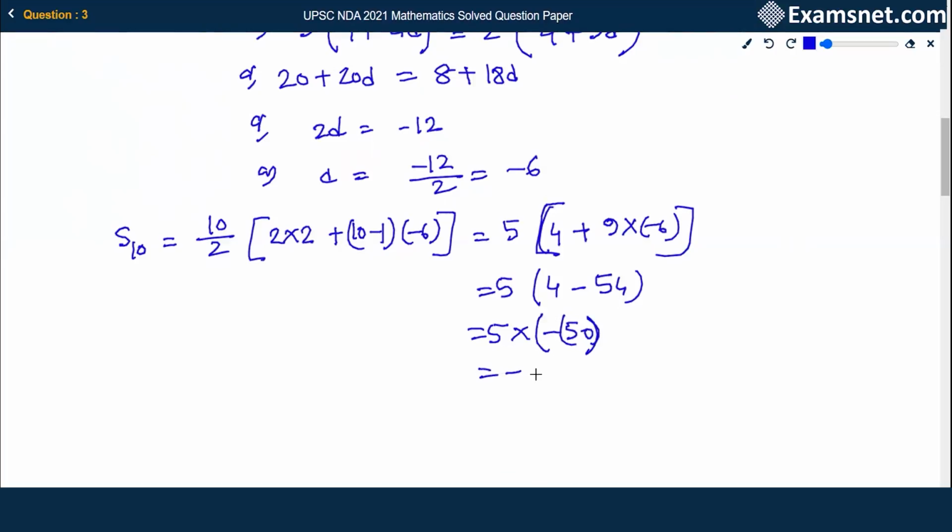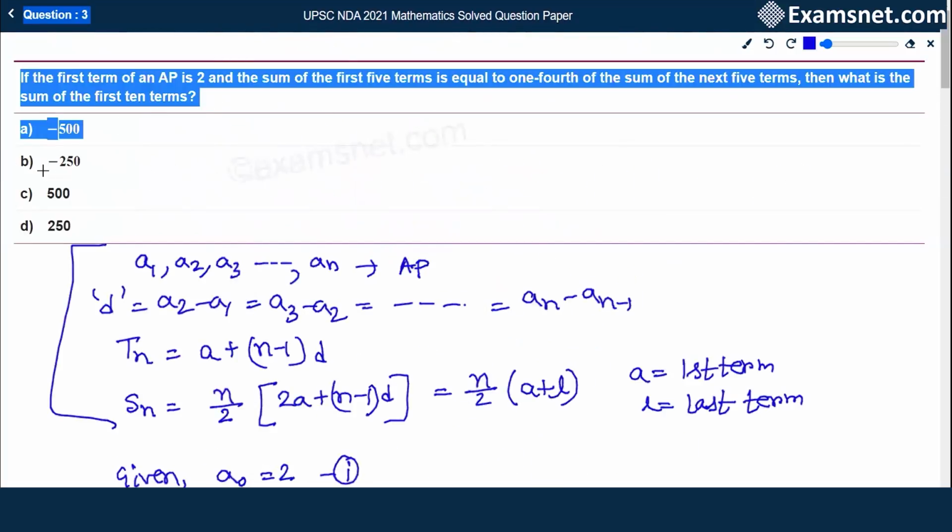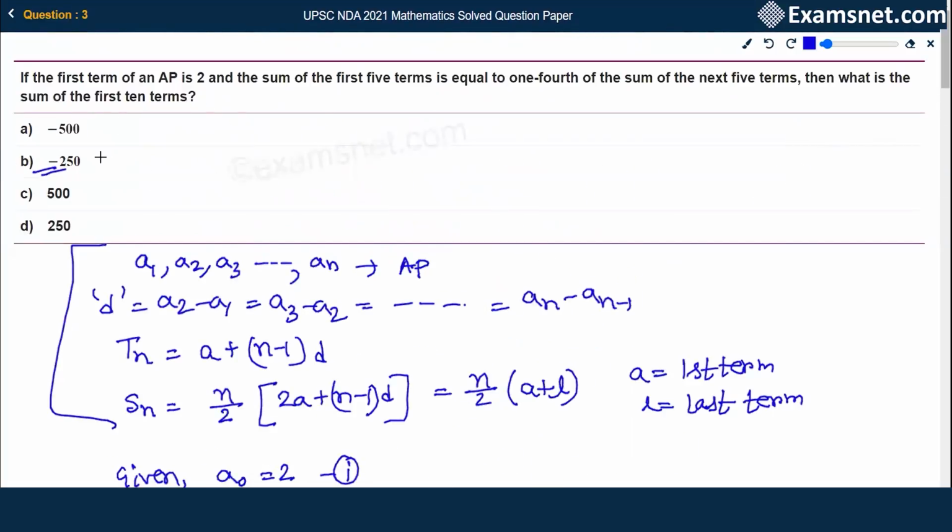So we can write it as minus 250, correct? So minus 250 is the correct answer. Let me check. Yes, it matches with option B, correct? So here option B is the correct answer.